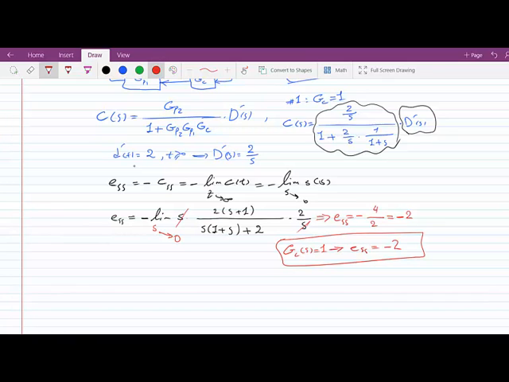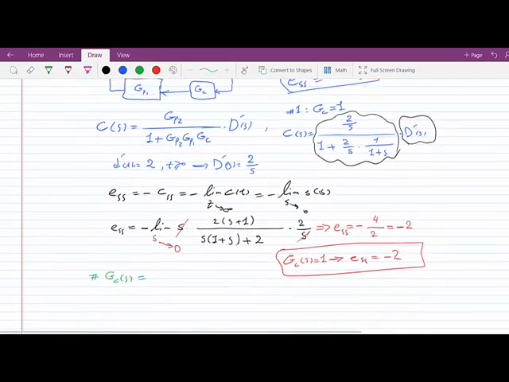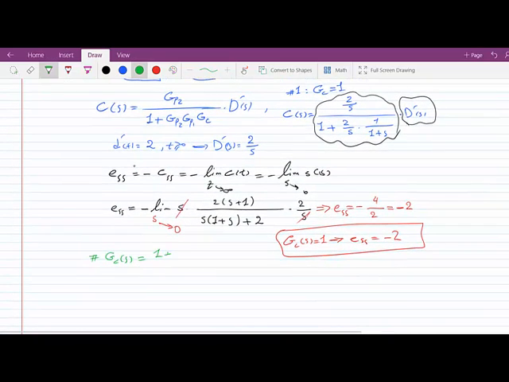Now let's take the second case into account. In the second case, Gc of s is given as (1 plus 10s) over s.